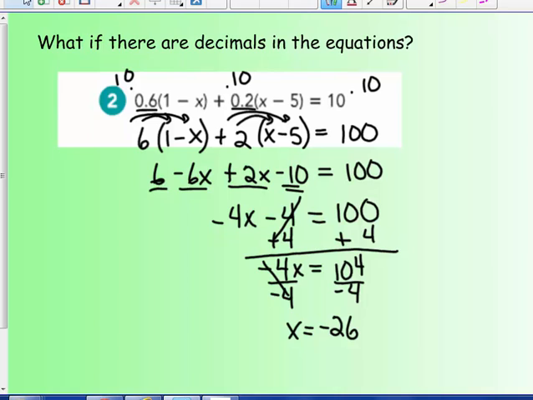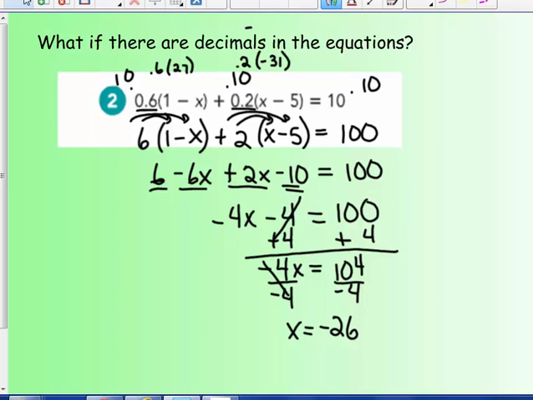1 minus negative 26 is like 1 plus 26, which is 27. So 6/10 times 27, doing a check here. Negative 26 minus 5 is negative 31. 2/10 times negative 31. Does that equal 10? Well, 2/10 times negative 31 is negative 6 2/10.